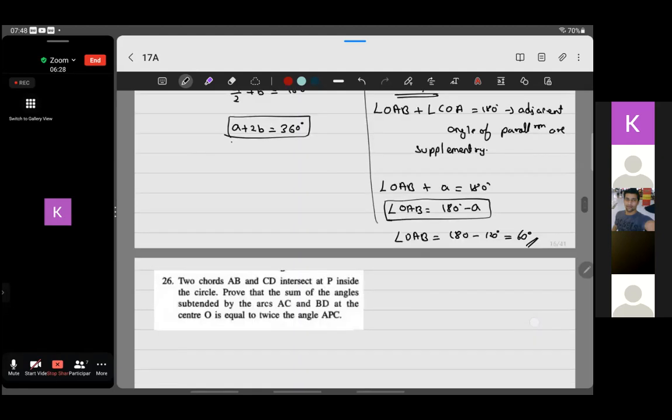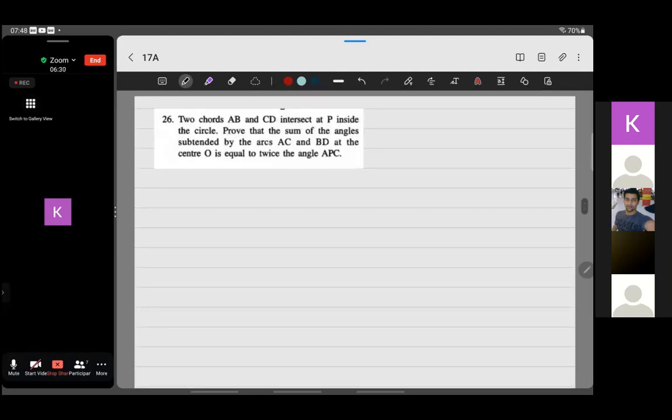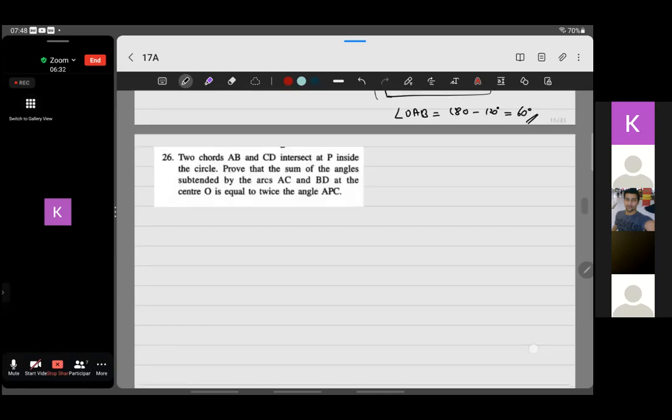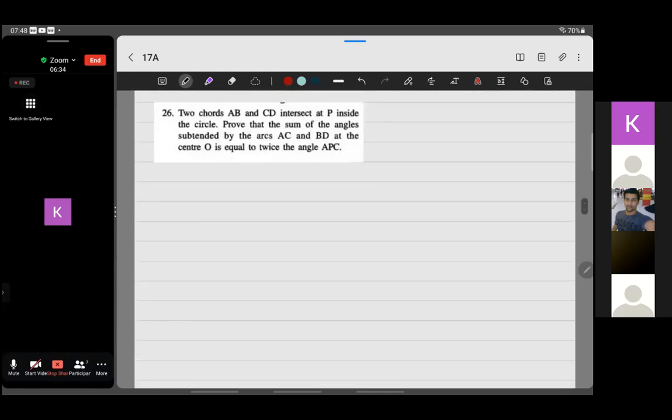Now 26th one. Two chords AB and CD intersect at P inside the circle. Okay, figure is not given, so we'll draw it. There is a circle and there are two chords.